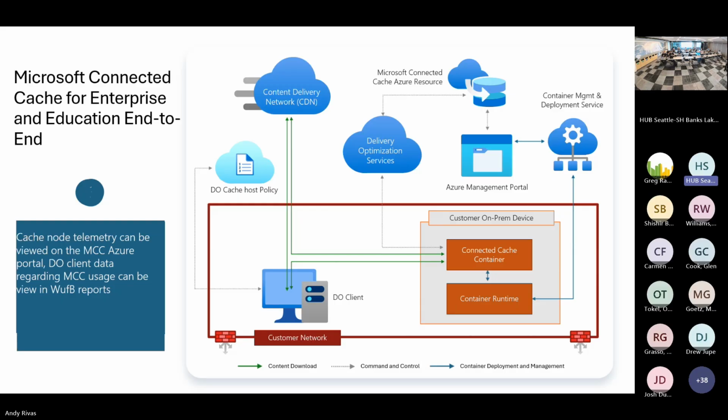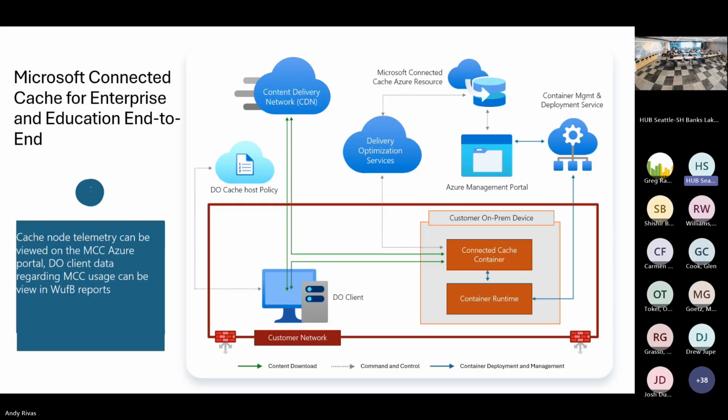It tells the Delivery Optimization client that this is an alternate CDN source for your content. You can manually set that, either through GPEdit, registry key, or Intune, if you're using Intune to manage those policies.